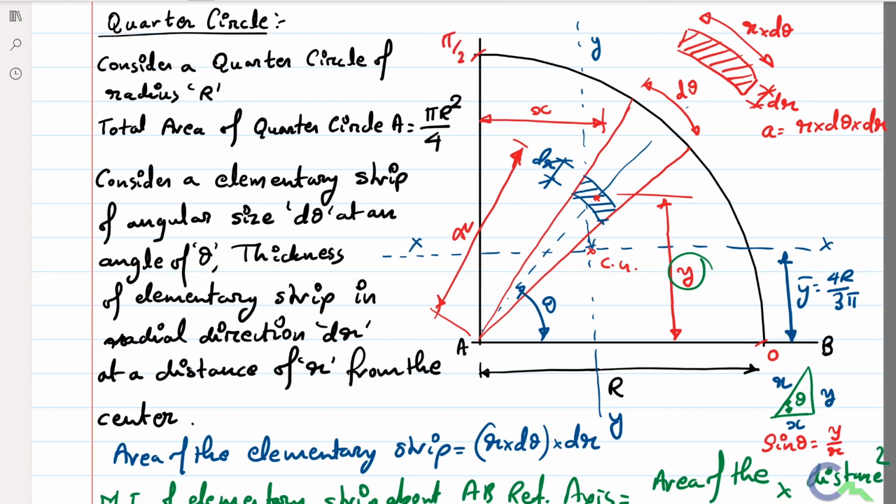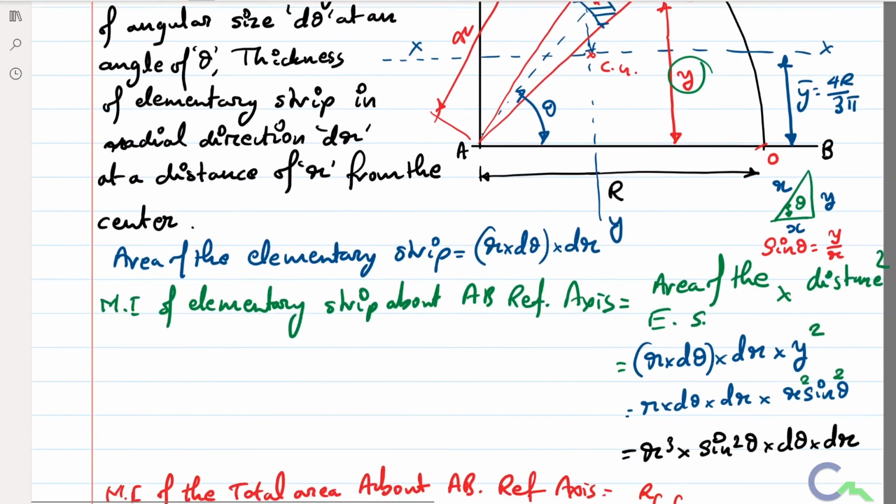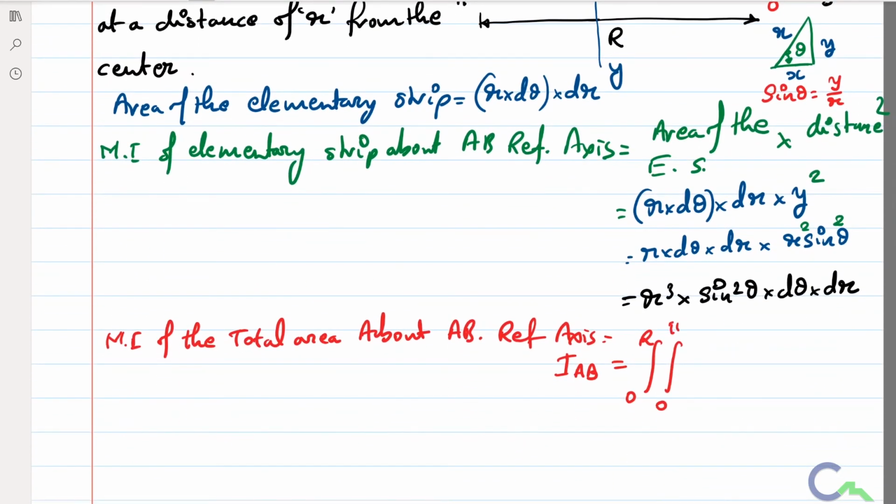In the circle theta varies from 0 to 2 pi, in the semicircle from 0 to pi, and in the quarter circle from 0 to pi by 2. I am going to apply pi by 2 here. Then I can write r cube into, instead of sin square theta, 1 minus cos 2 theta divided by 2 into d theta into dr.